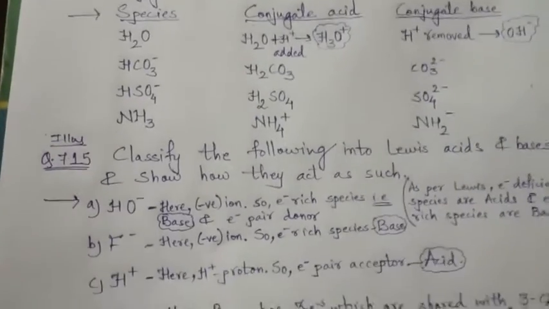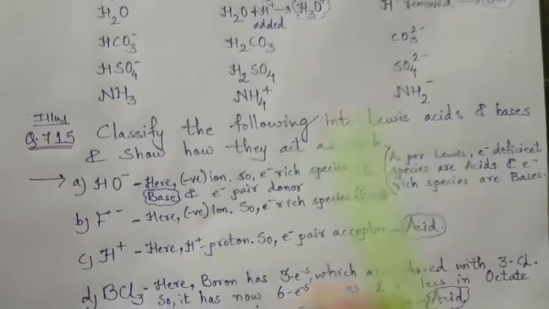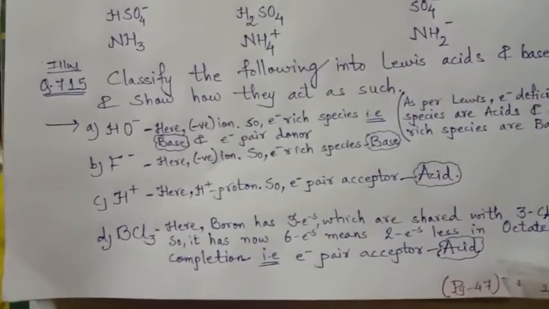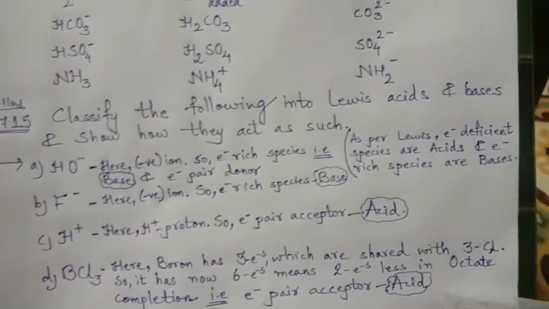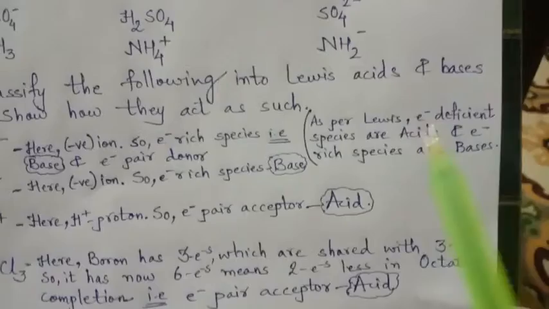One more question is, classify the following into Lewis acids and bases, and explain how they act as such. Before doing this, we must know what Lewis acid and base are.